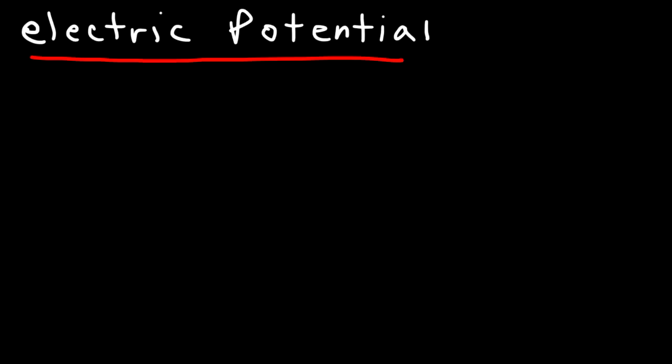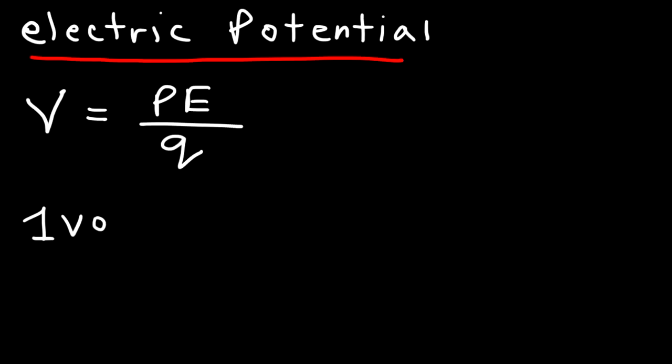Electric potential, represented by the symbol V, is the ratio between the electric potential energy of a charge and the magnitude of the charge. The unit for electric potential V is the volt, and 1 volt is equal to 1 joule of potential energy, that is electric potential energy, per 1 coulomb of charge.